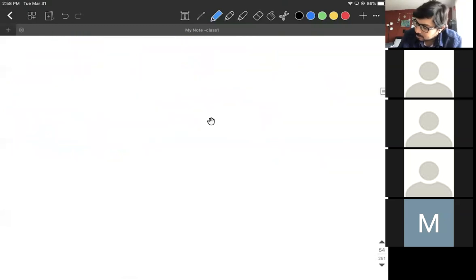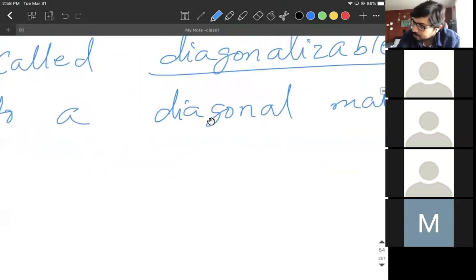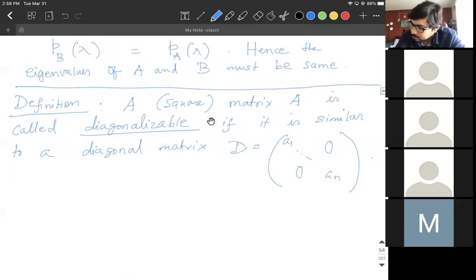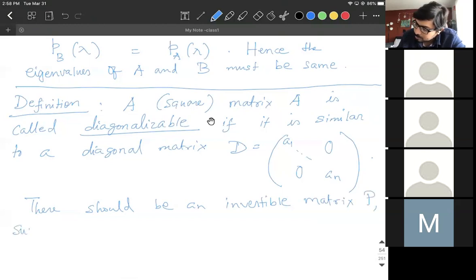So there should be an invertible matrix P such that D equals P inverse A times P. Okay, so that's what is called a diagonalizable matrix.